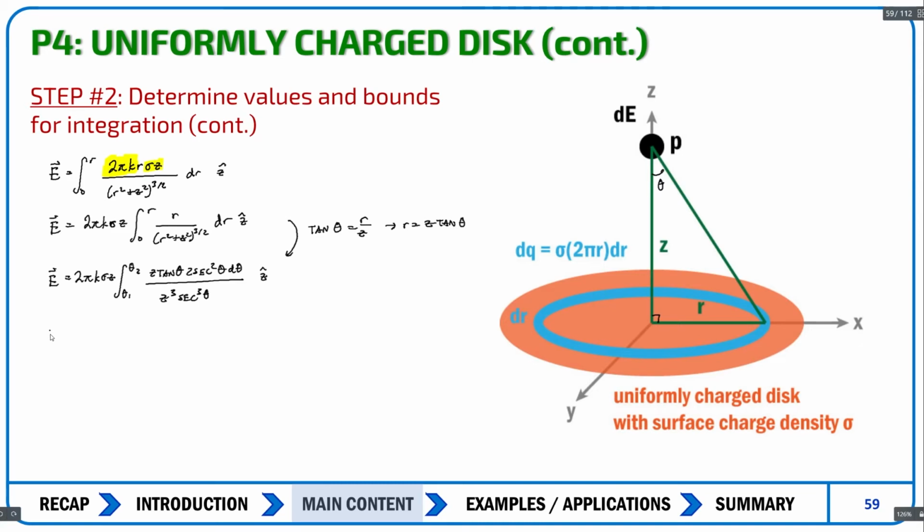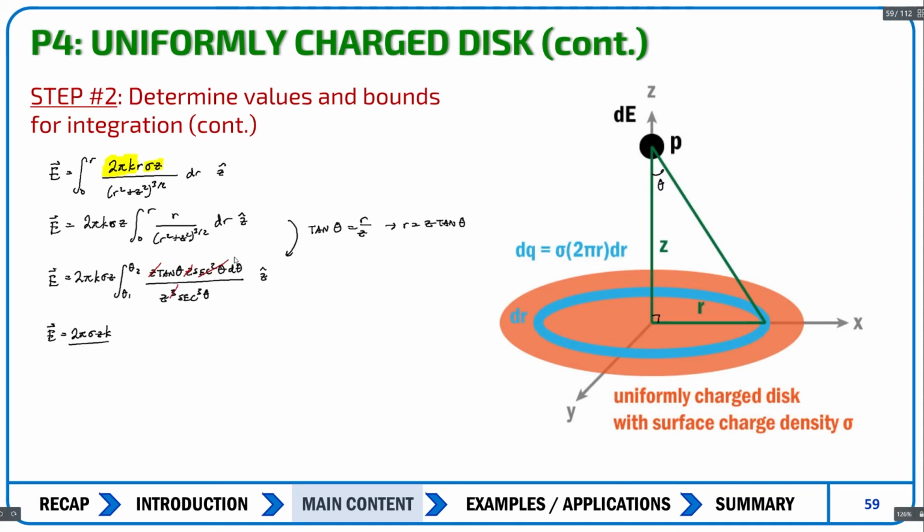Now you have E being equal to 2 pi sigma zk divided by, let's see what we can factor out. I know that we have a z and a z, and we have a z left at the bottom.